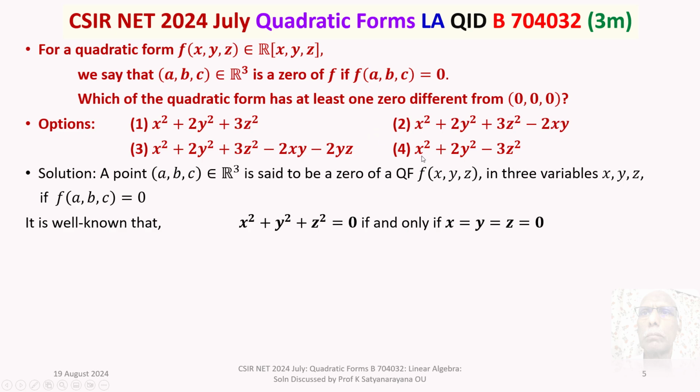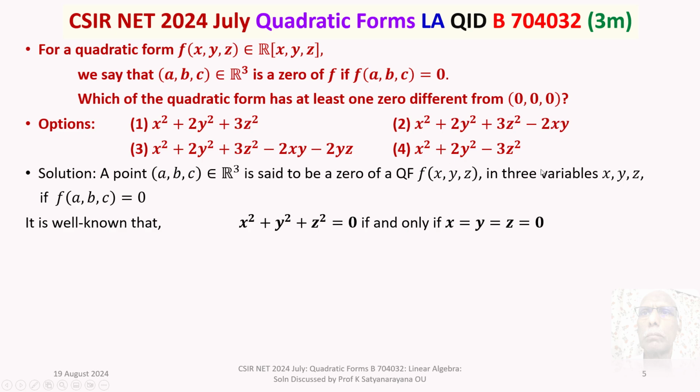So substitute: 1 square plus 2 into 1 square minus 3 into 1 square is equal to 0. That means the triad (1, 1, 1), which is different from (0, 0, 0), satisfies the fourth quadratic form. Therefore, the answer is very trivially visible here, and the answer to this question is option 4.